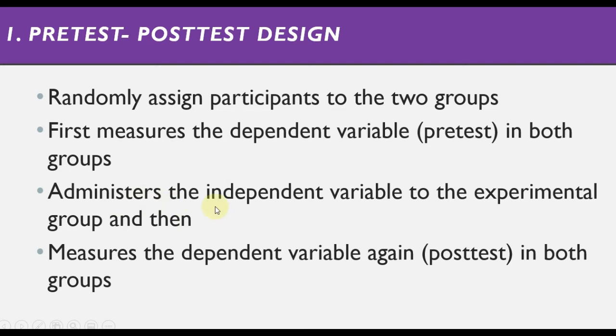Tapos, i-administer mo yung independent variable or yung intervention mo. Okay? Tapos, ilalagay mo siya sa experimental group. Tapos, titingnan mo ang dependent variable again. Okay, kukunin mo yung post-test ng dalawang group. Tapos, compare mo kung nagbago ba or nagkaroon ba ng effect yung experiment mo doon sa experimental group.